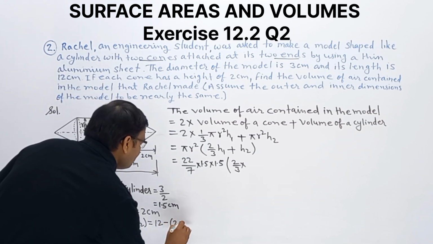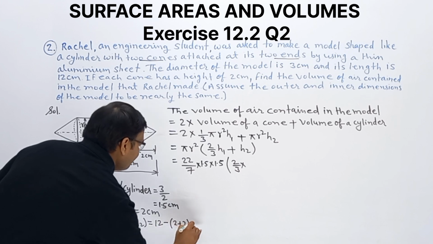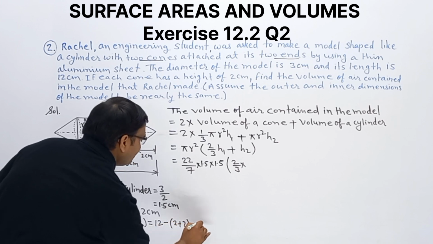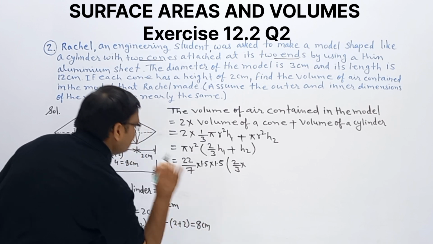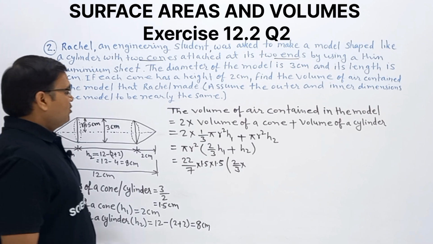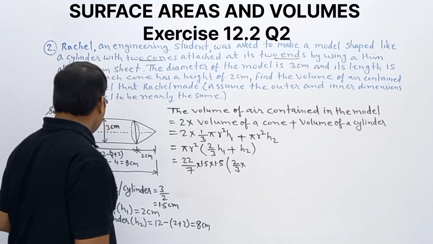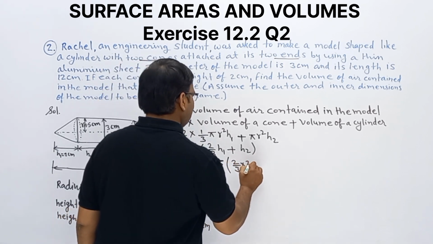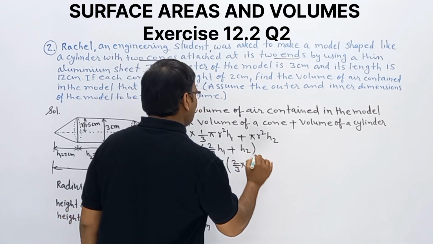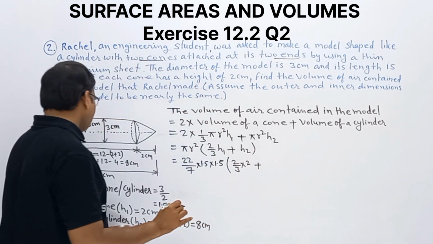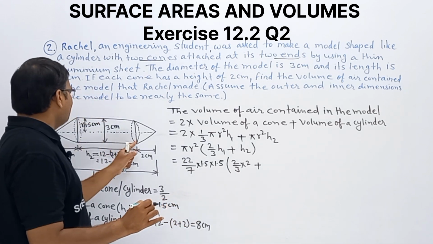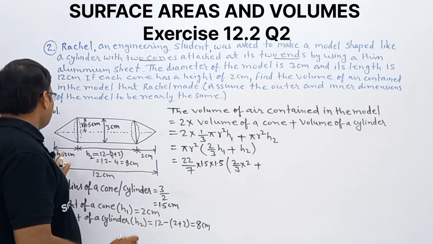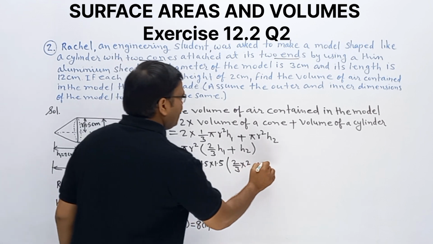So 2 plus 2, and finally we are getting 8 centimeter. Clear? So the h1 value is 2 centimeter, the height of a cone, plus h2 is the height of a cylinder. Total we have 12. Subtract these, then we are getting 8.